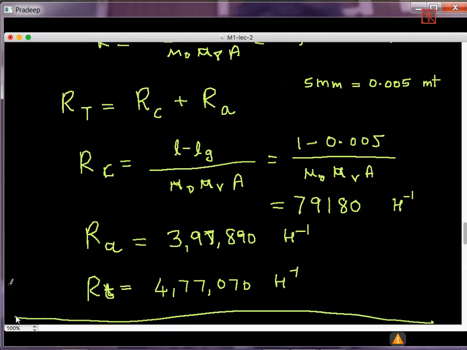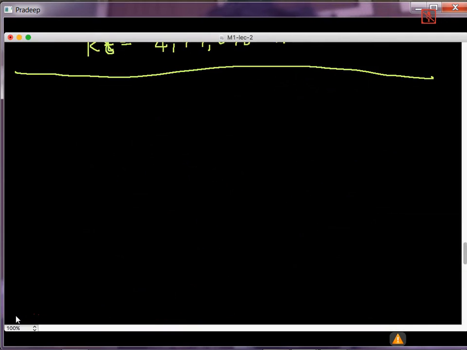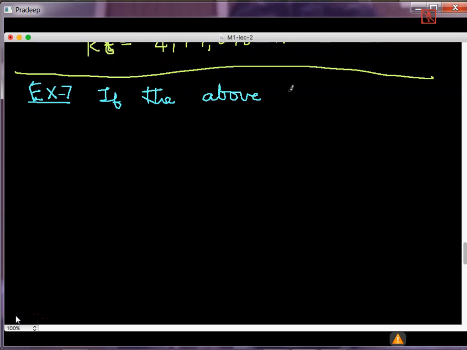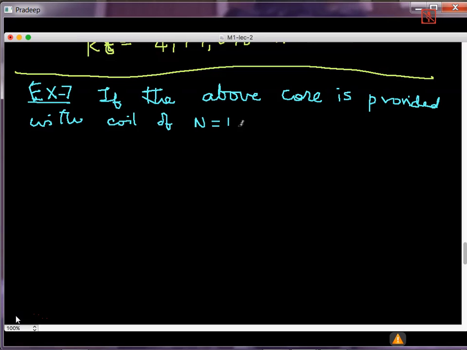So let's continue. I'll continue this example and then we'll say example 7. If the above core is provided with coil of n equal to 100 and I equal to 10 amperes.